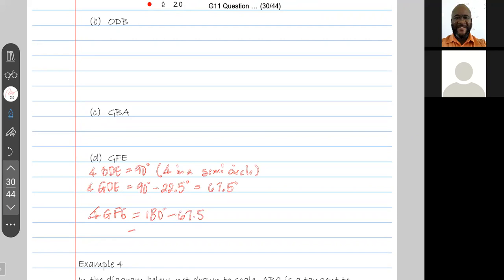This is what? 112.5 degrees. These are opposite angles in a cyclic quadrilateral, and opposite angles in a cyclic quadrilateral are supplementary. They add up to 180 degrees.